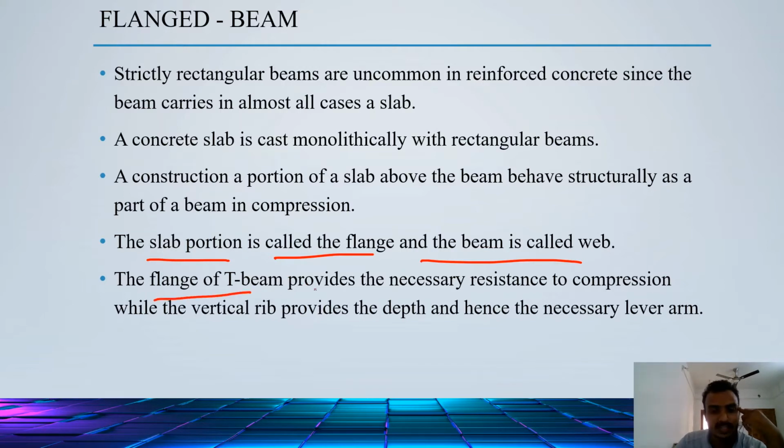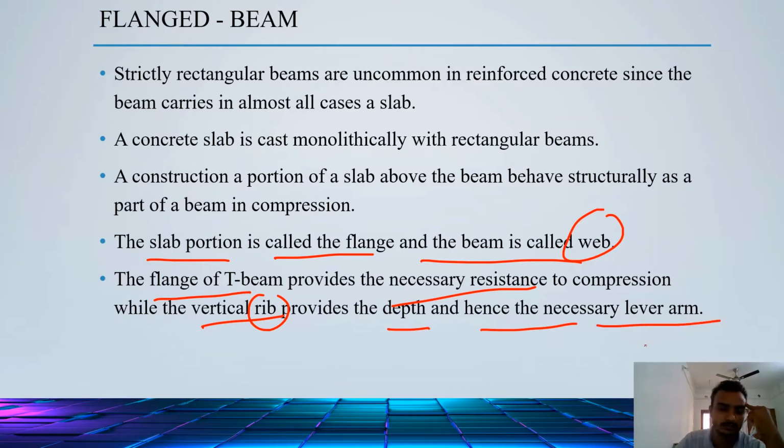So the flange of the T-beam provides the necessary resistance for compression, while the vertical rib, means web, you can call this a web or a rib, provides the depth and hence the necessary lever arm.